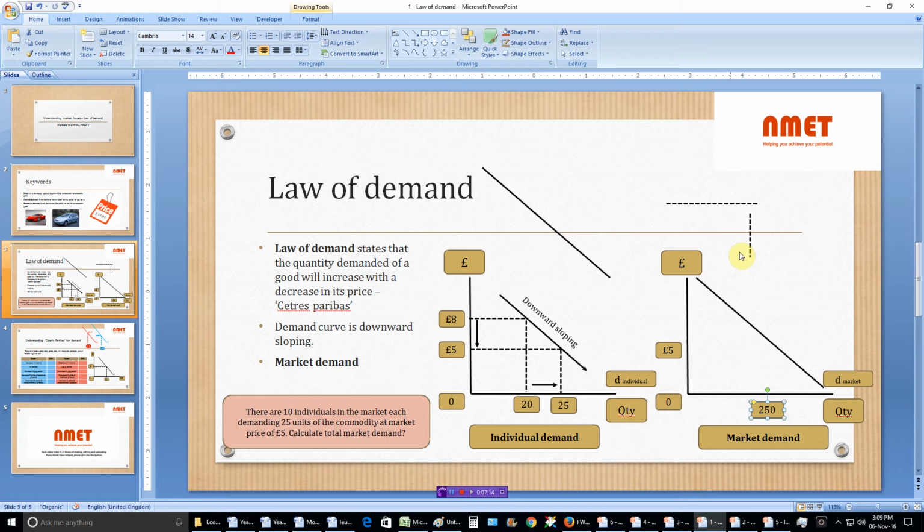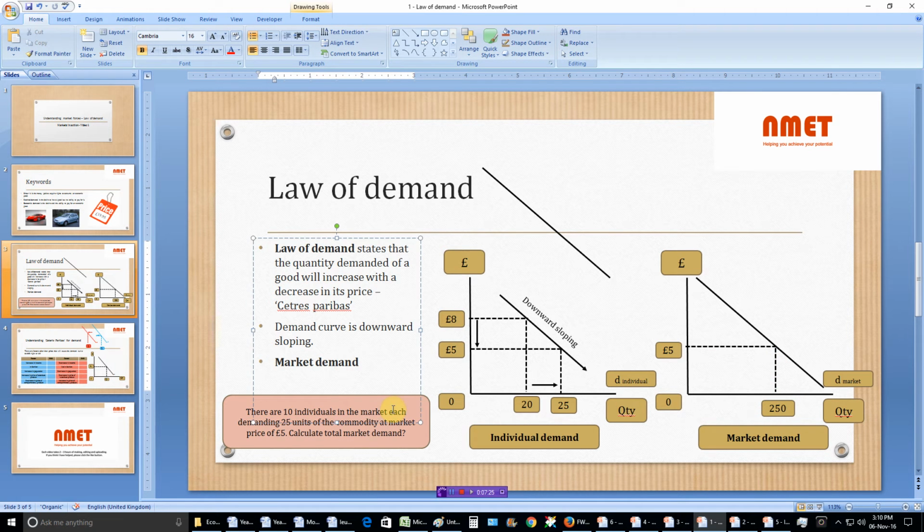So the market demand curve is the horizontal addition of all individual demand curves in the market. Let me make it proper.